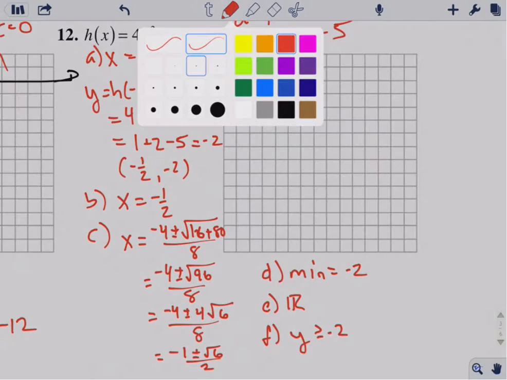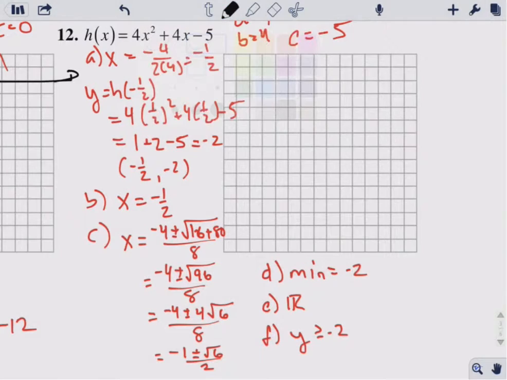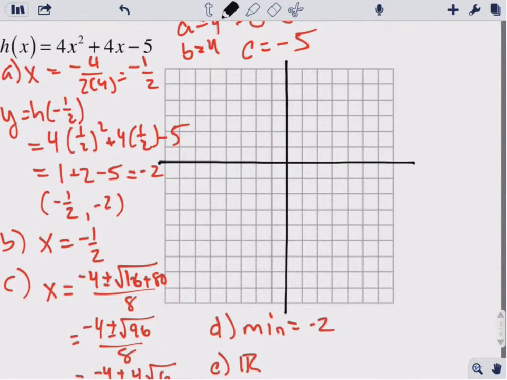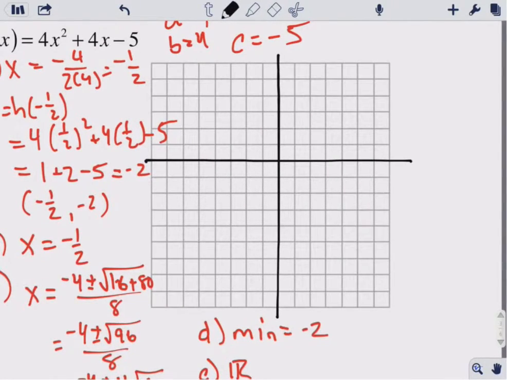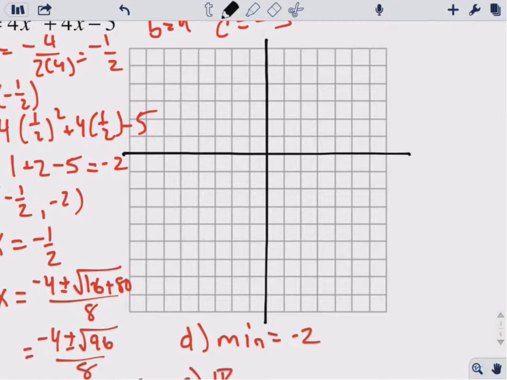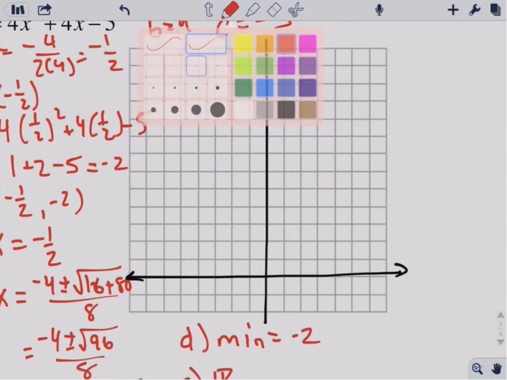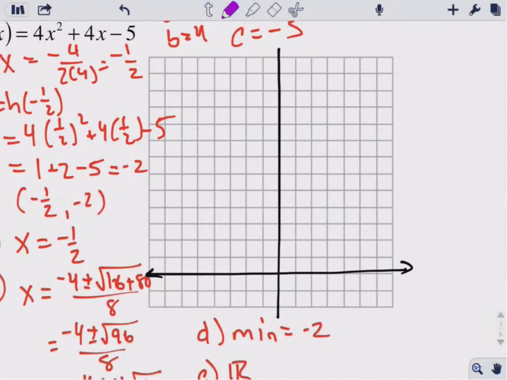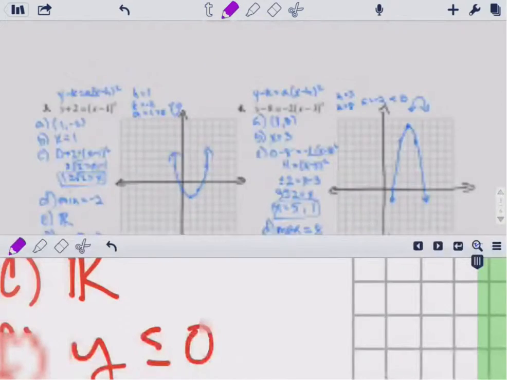Let's come and graph it. Here, here, and here. Oh, let me bring that down some. a is 4, so let's definitely take it over here. Okay, I'll do a different color.